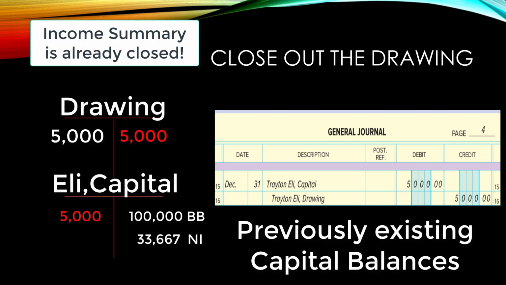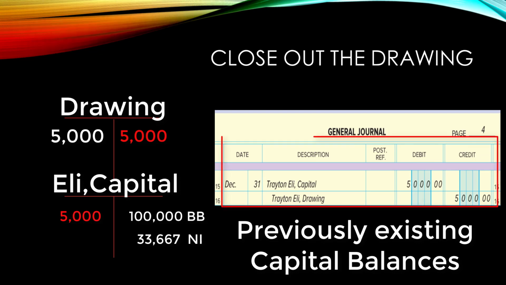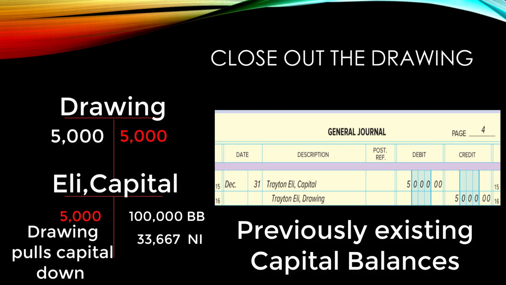Some students make the mistake of closing this out to income summary, but remember the income summary is already closed out. So to close out the drawing account, credit the drawing and debit the capital. By debiting the capital, you bring the owner's net worth down.